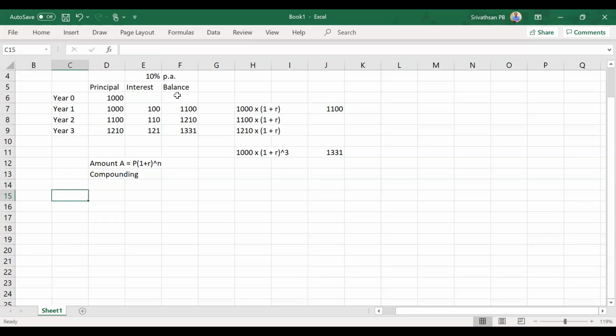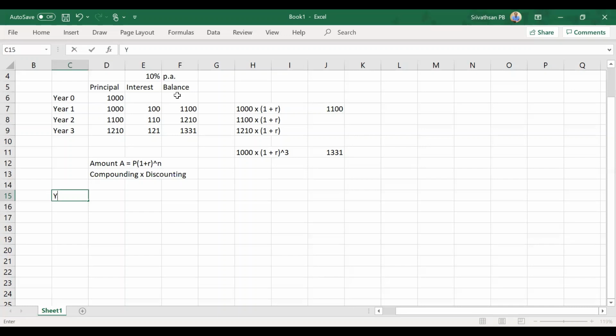Now the reverse or opposite of this is discounting. I'm using the usual antonym sign we used in our school days. So the antonym of compounding is discounting.